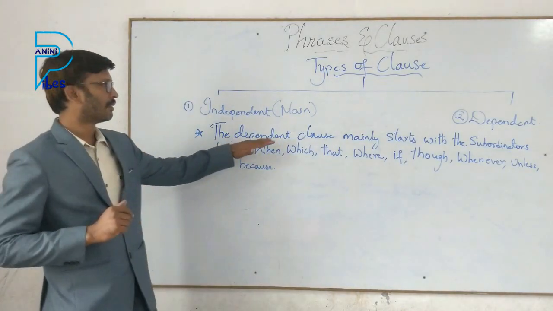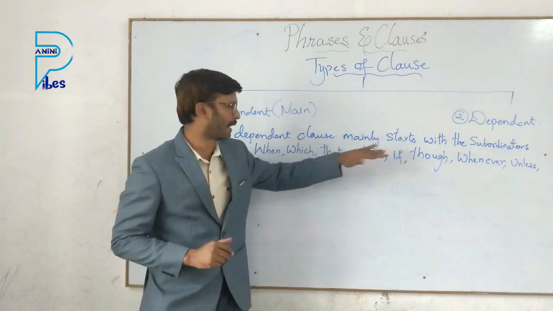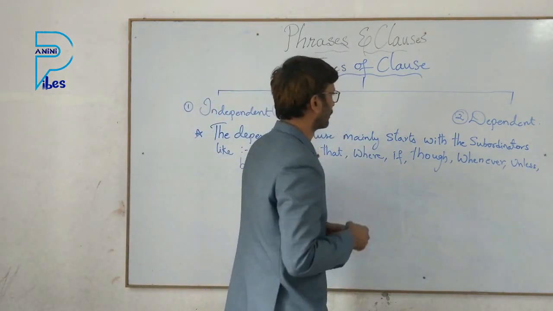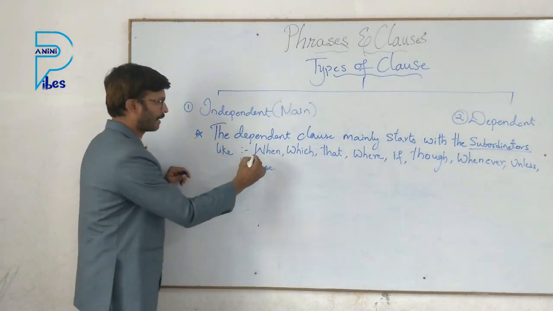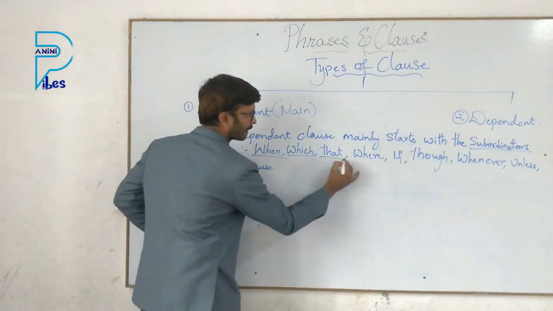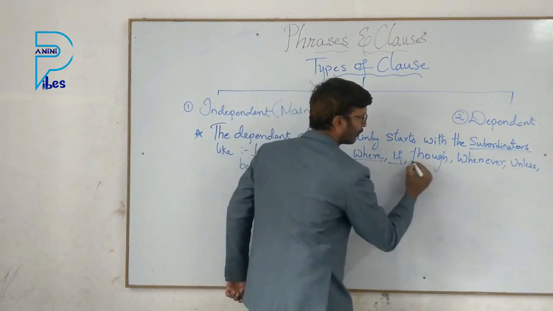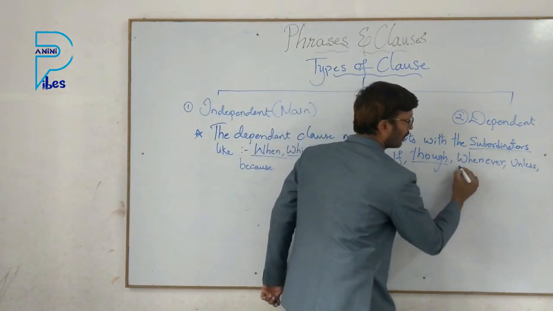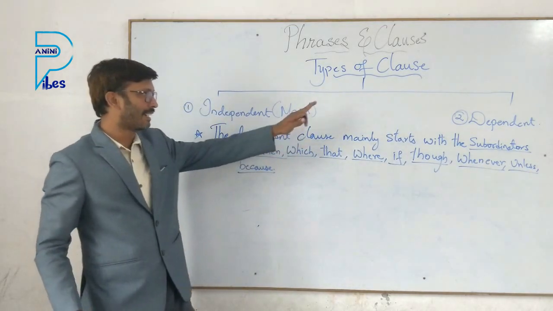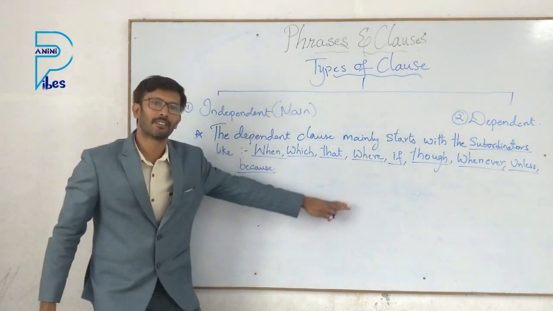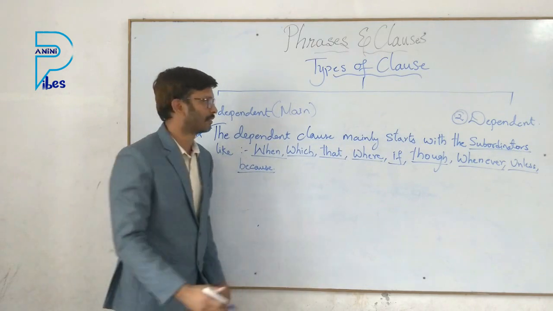A dependent clause mainly starts with the subordinators. The dependent clause starts with the subordinators like when, which, that, where, if, though, whenever, unless, because. So in the dependent clause, there are three different types of clauses.